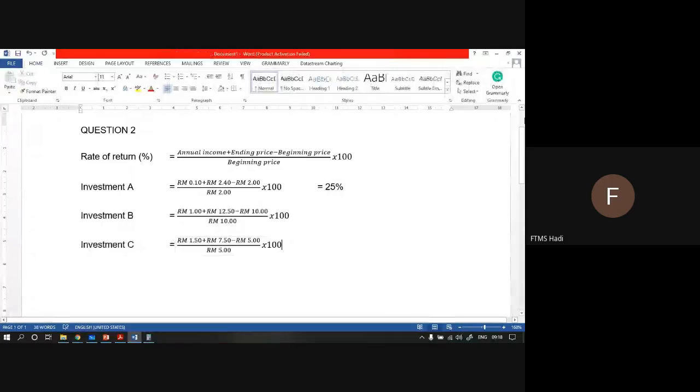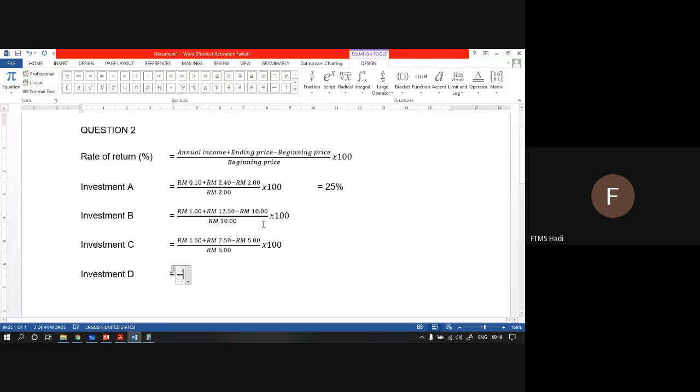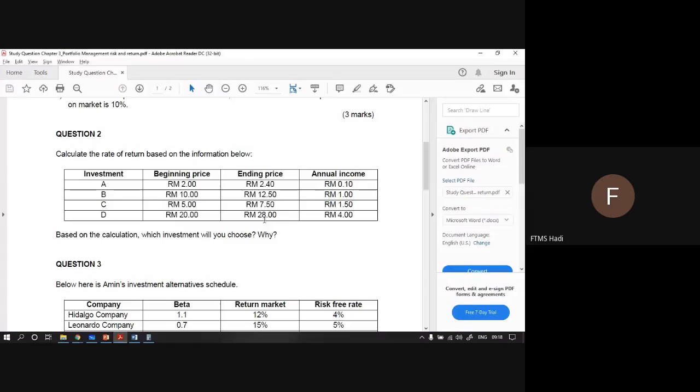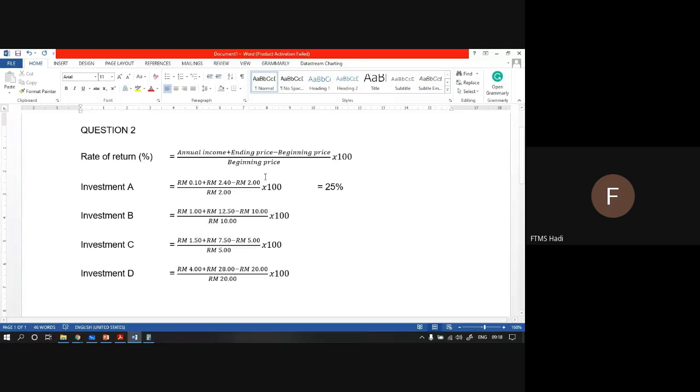And the last one, investment D. For investment D, annual income RM4 plus with ending price RM28 minus with beginning price RM20. Okay, we're done with this one.